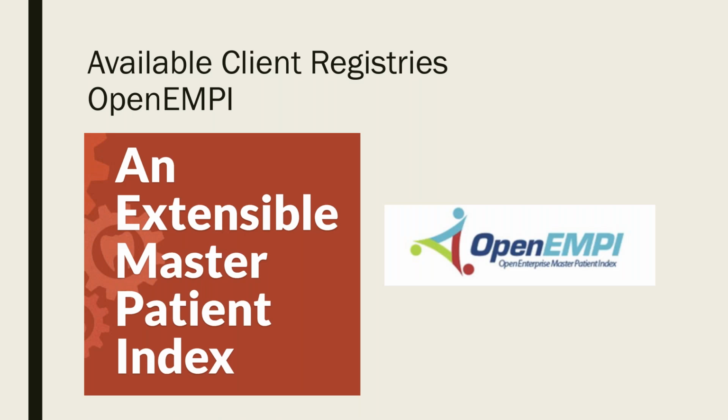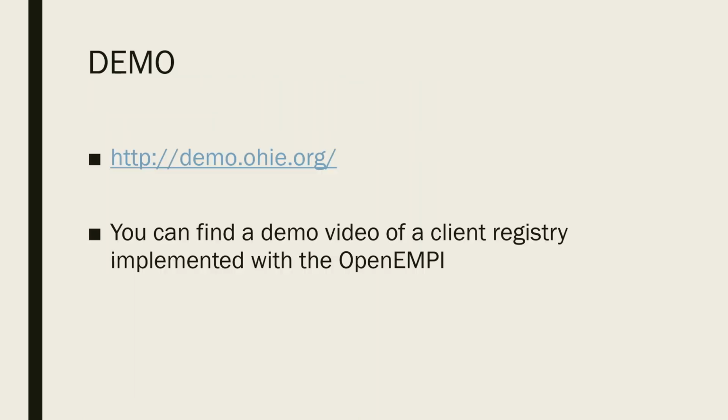So the next one would be the Open EMPI. So it's an open enterprise master patient index. It also emphasizes that it is an extensible MPI or extensible master patient index. So actually the Open EMPI is also endorsed or is being used by the OHIE.